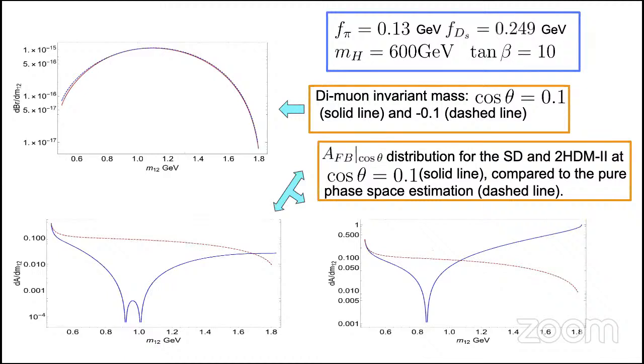For both cases, we take the same approach. We calculate the forward-backward observable distribution. The first one considers the standard model contribution, and the second one considers the charged Higgs-like intermediate state in short distance. As we can see, they show some difference, and the red dashed line is taking only the phase.